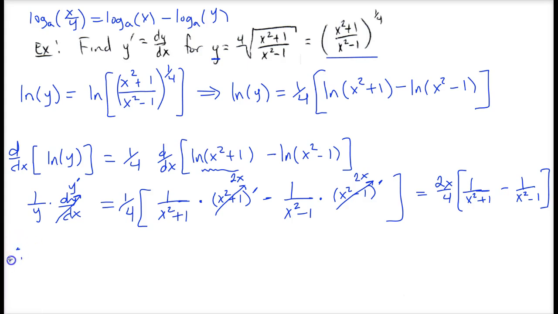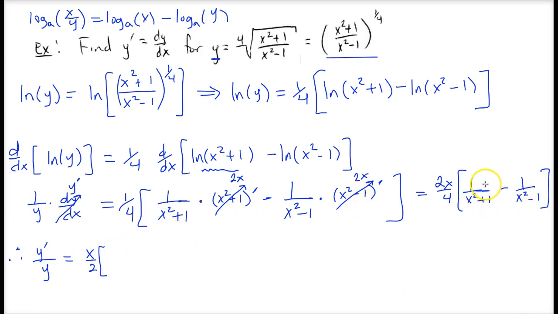So from here, this means that we have y prime divided by y, which is equal to x over 2, because 2 over 4 reduces to 1 over 2, times, and I'm going to make this a common denominator now.